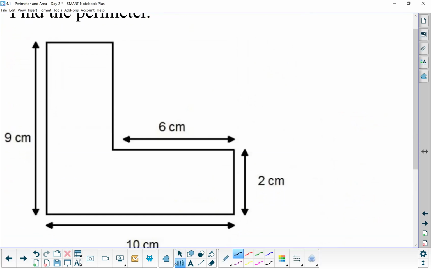So we want to figure out the length of this side up here and the length of this side. So what we're going to do, we know this whole side is 9, and from the bottom to here is 2. That means this side has to be 9 minus 2, or 7 centimeters.